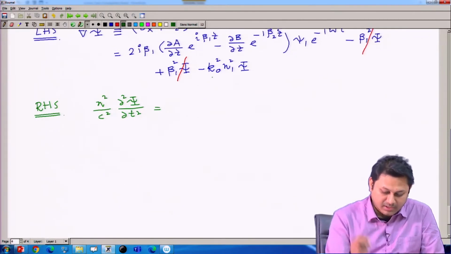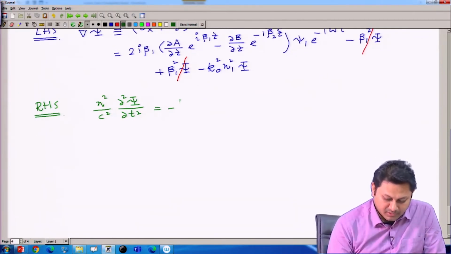So, only minus omega square term will come out, and then we have n square, then I have c square and simply big psi. Now, omega divided by c square I can write as minus k 0 square n square psi.